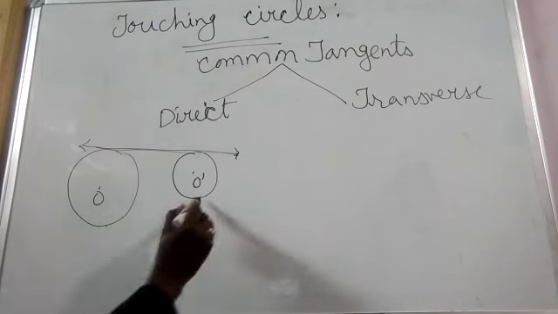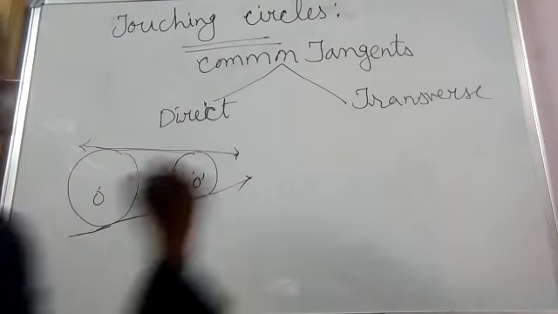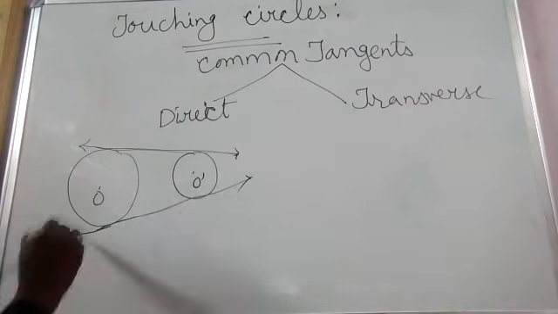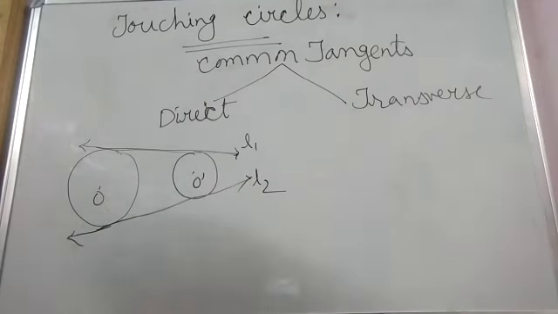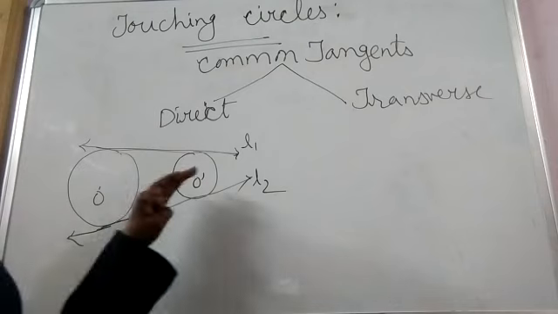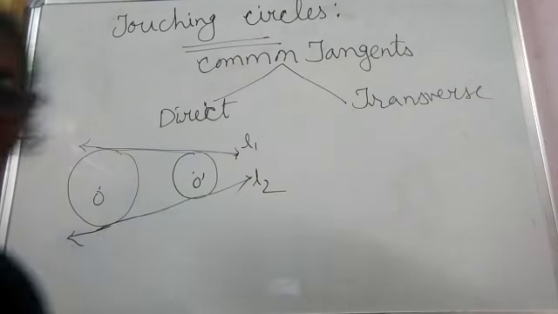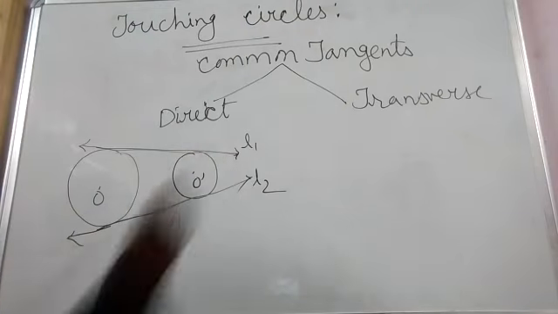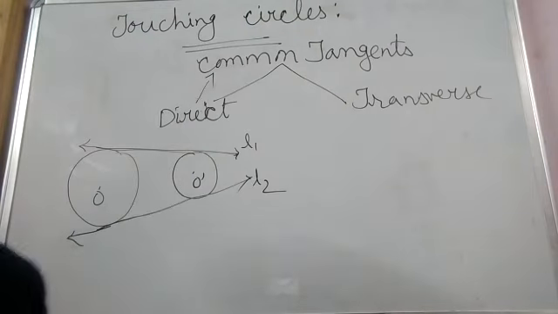Same way, let me draw one more common tangent to these two circles, this is L1, L2. Both the circles are above this line L2, and here both the circles are below this line L1. And such type of tangents are said to be direct common tangents.